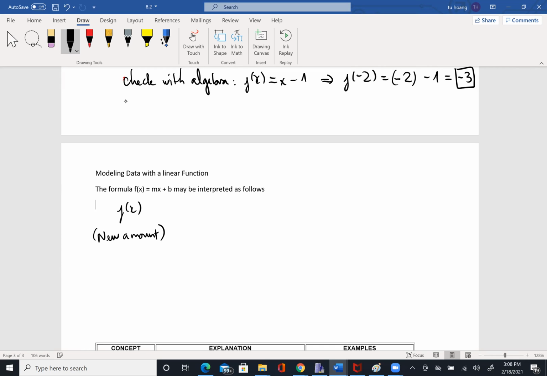New amount equal to mx, which is the change, plus b, which is the fixed amount.